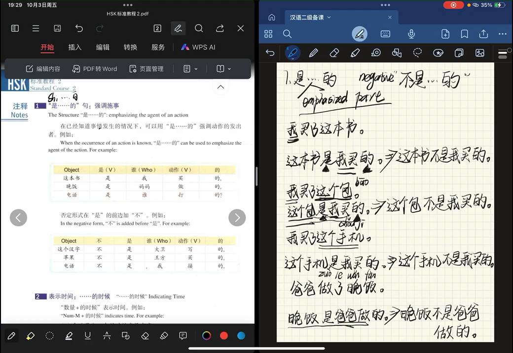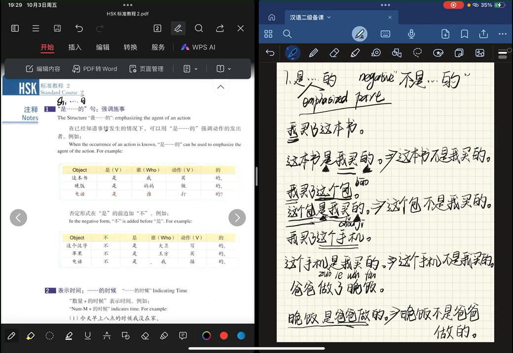Okay, let's see the example sentences in the text. So we can see 是什么什么的, the structure 是的, and the basic structure. The part in the middle is the part you want to emphasize.